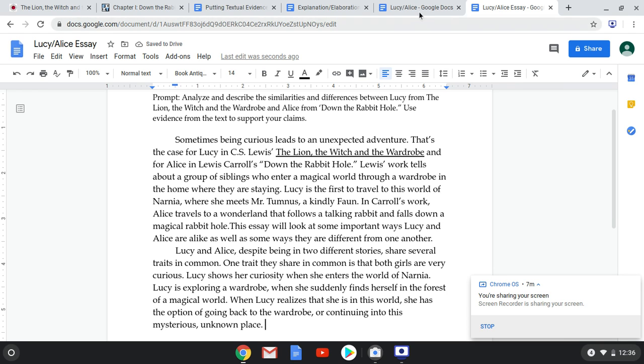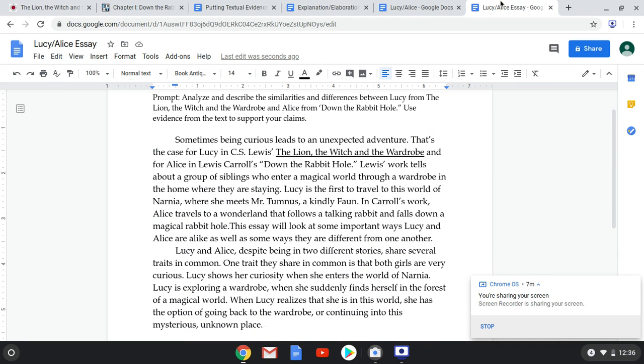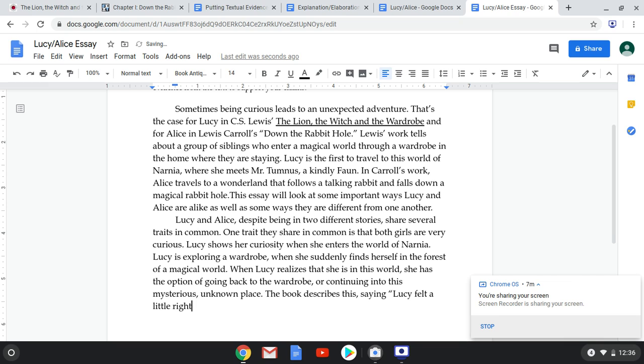Now I'm going to put that quote directly. "Lucy felt a little frightened, but she felt very inquisitive and excited as well." The book describes this saying, quote, "Lucy felt a little frightened."